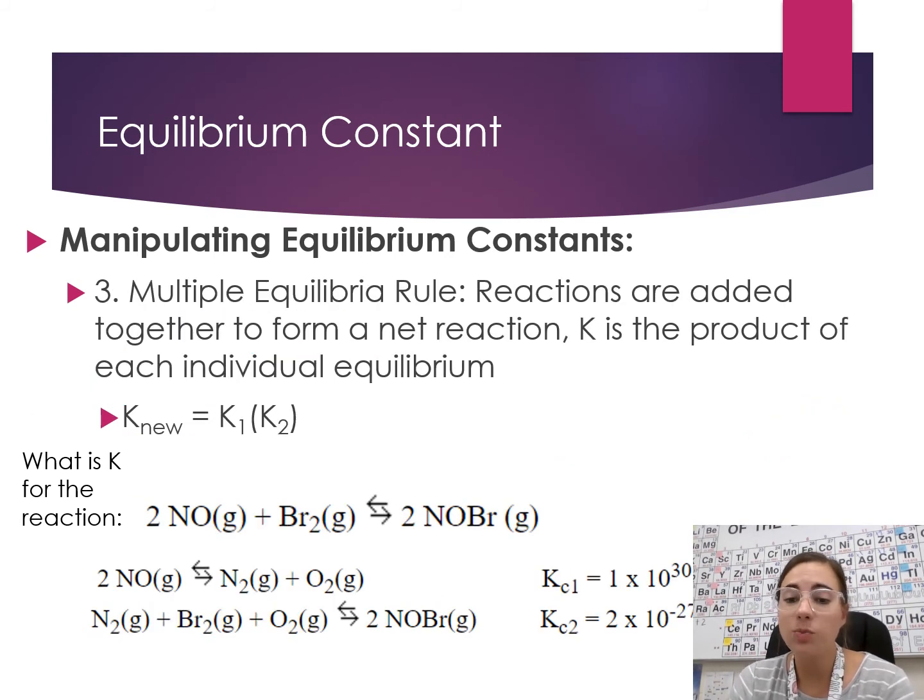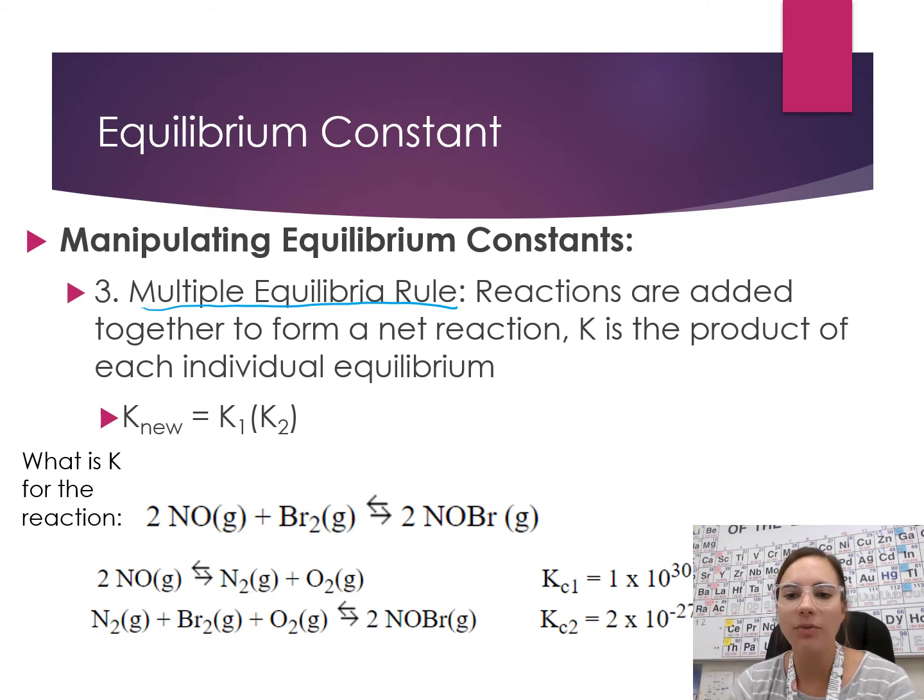The last rule is we might be able to combine some reactions together with their K values to find my new reaction. If that's the case, this is the multiple equilibria rule. If I add reactions together, think about a mechanism's elementary steps being added together for the overall reaction.